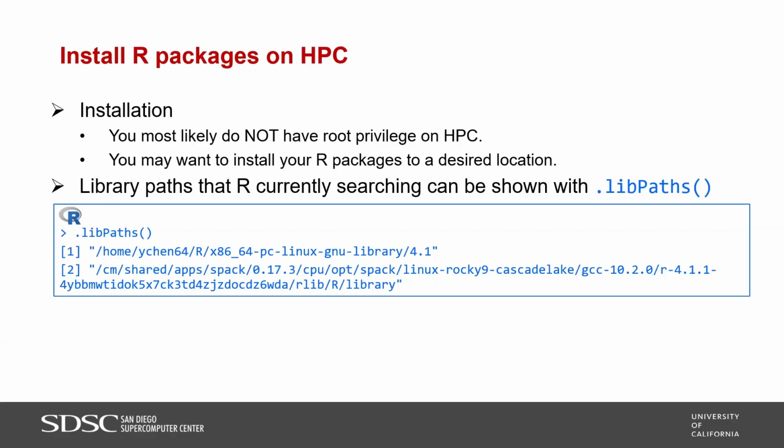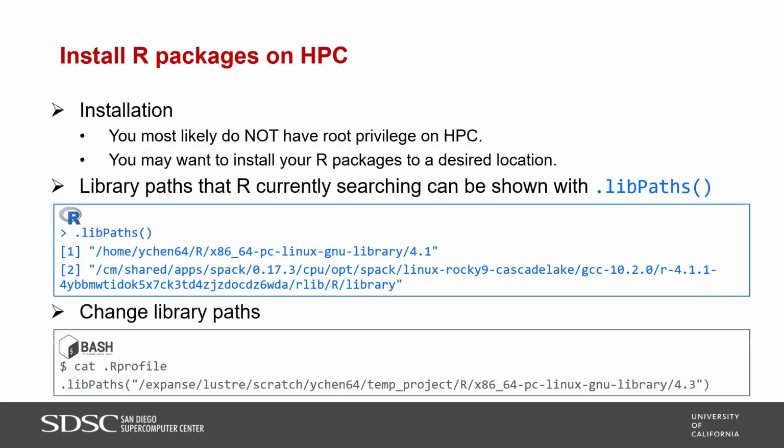The order of these locations matters. The first location is the one where your R packages get installed, and when you load packages, if you have R packages installed in both locations with the same name, then the R packages in the first location will be loaded first.